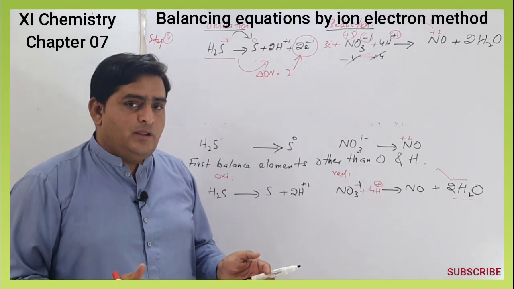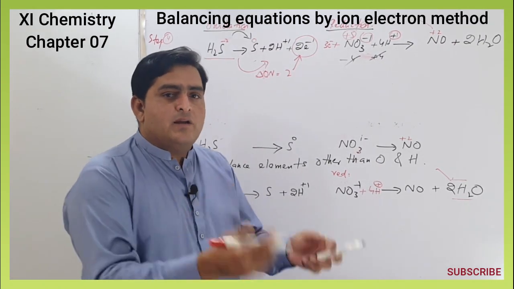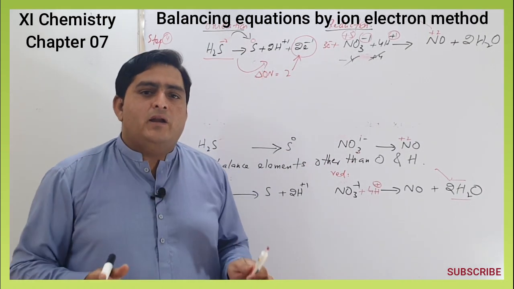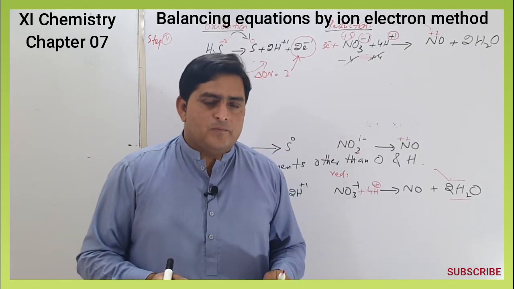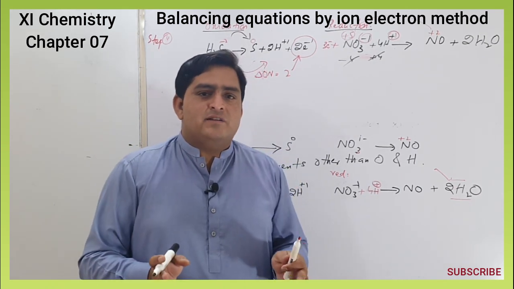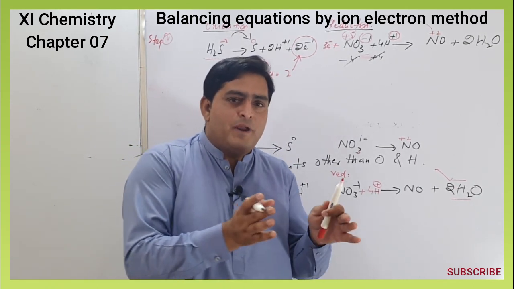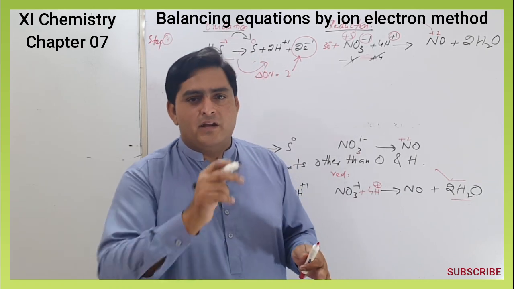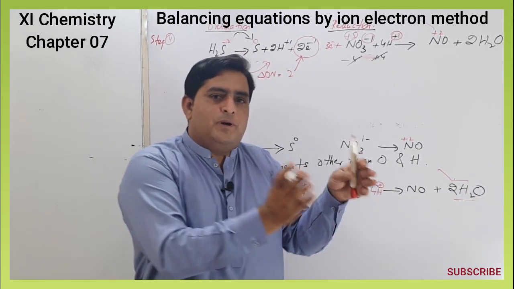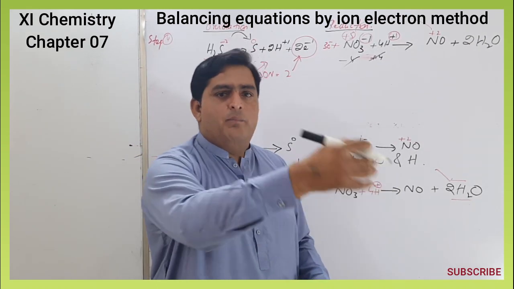Another thing is how many electrons should be added at either side. Look at the number of positive charges in both reactants and products. If the positive charges are in excess in reactants, we add electrons on the reactant side. If positive charges are in excess at the product side, we add electrons on the product side.